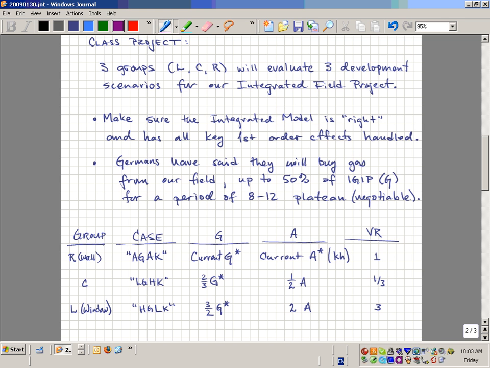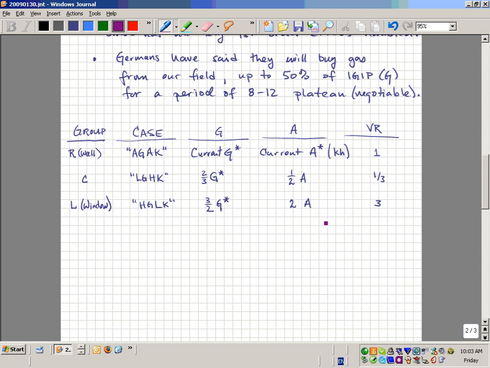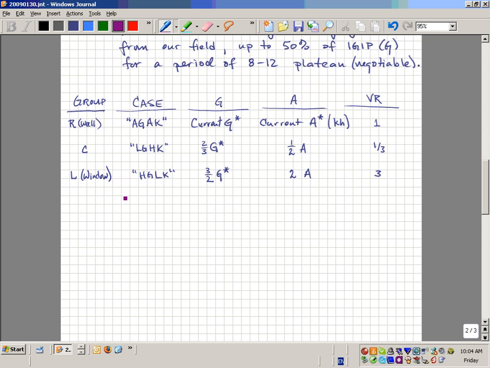Okay, so what we're going to do, we're going to have a group here, the left group. I'm sorry, you're the right group on the wall. You're going to take our base case. Let's change that, because I don't want you to take advantage of us already having solved it. So let's say that our G star was, what was it now? 4 times 10 to the 11th.